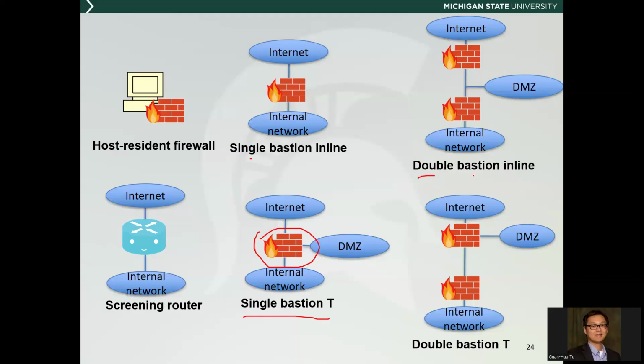And we have a double bastion inline, which means we deploy two bastion firewalls, and the DMZ will be deployed between the external firewall and the internal firewall. And another is the double bastion T.